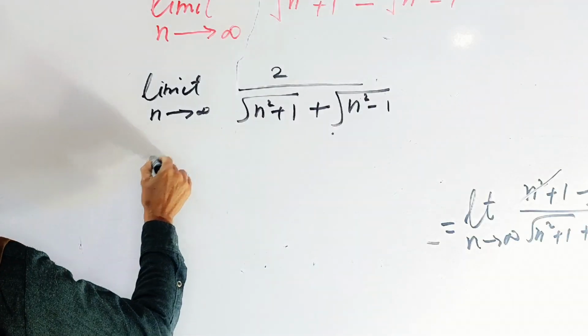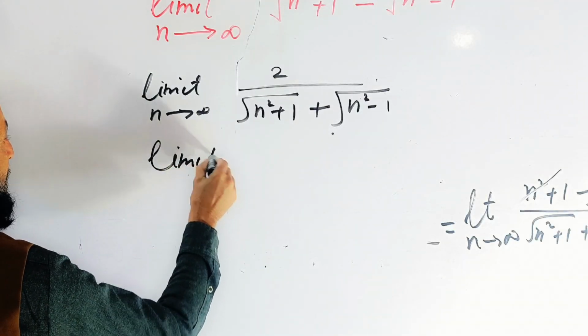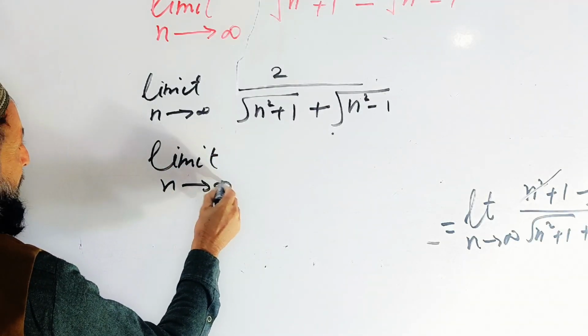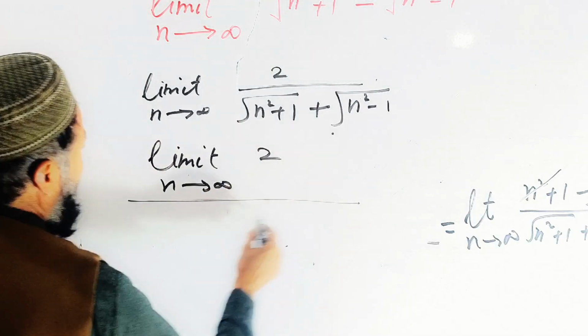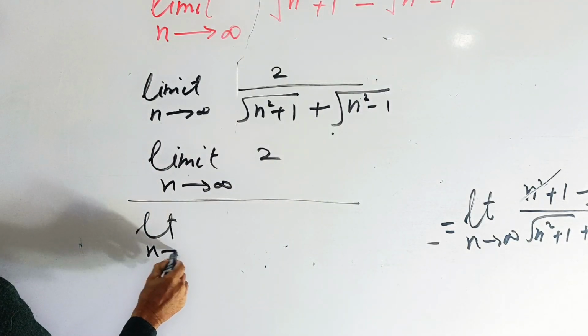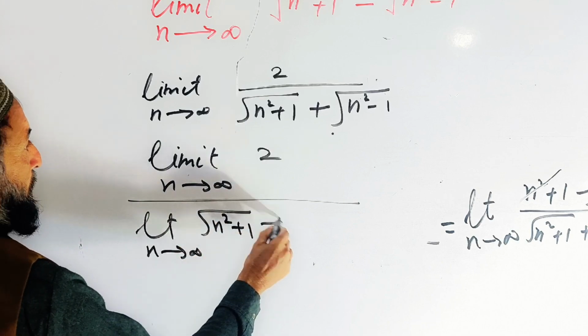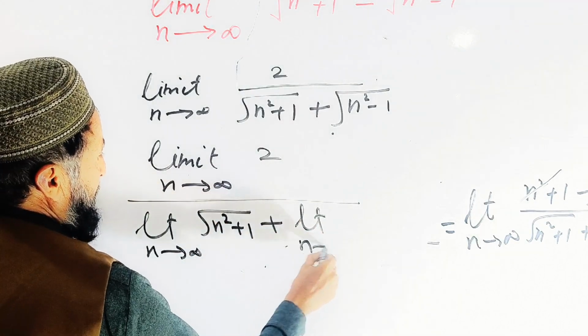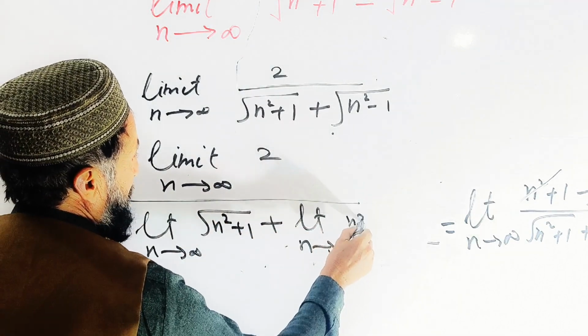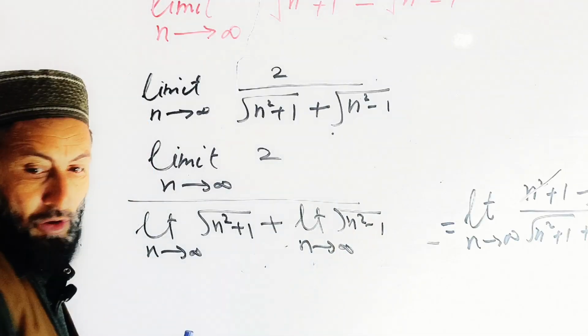If we apply the limit individually, we have 2 in the numerator, and in the denominator the limit as n tends to infinity of the square root of n squared plus 1, plus the limit as n tends to infinity of the square root of n squared minus 1.